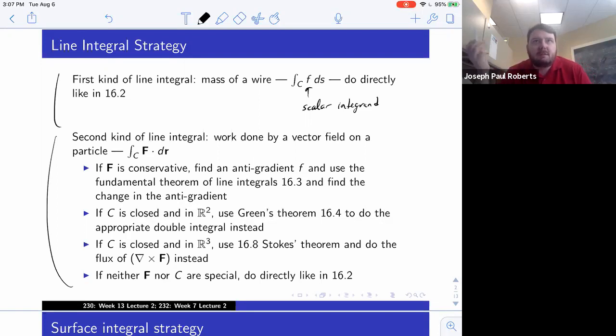This type of line integral calculates the work that your force does on this particle when it takes this path. So essentially, for the first kind of line integral, there's not really any choices. You basically always have to do it directly like we did in 16.2. Whereas for the work type of line integral, there are shortcuts.